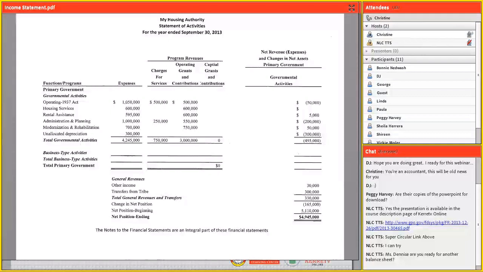So from looking at this, here's what we know. We know that there was total grant recognized of $3 million. There was $750,000 in program income. If you look down, we can see that there was other income of $30,000 and a transfer from the tribe of $300,000.